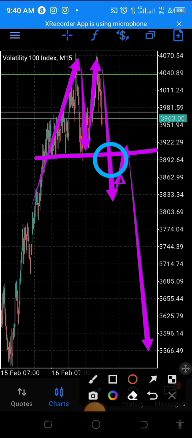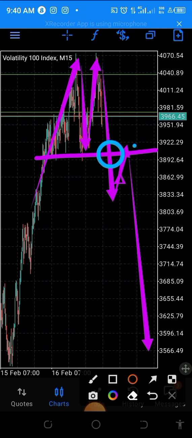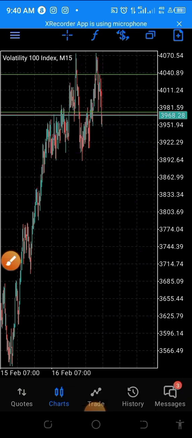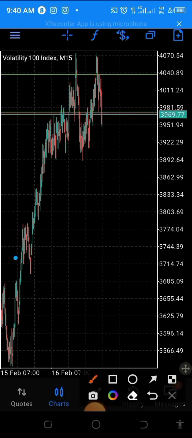Once the market breaks that zone, we wait for a pullback at this second level, then enter going downwards. Conservative traders should enter at the pullback, but in my case I'll enter where the market price is now, without waiting for it to come down. Don't apply that; I'm just doing this for illustration.